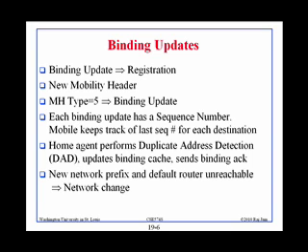Basically you have to find the new default router. Default router will depend upon the new network prefix, and so those are the things that you have to do locally to be able to send the packets under the new network prefix.